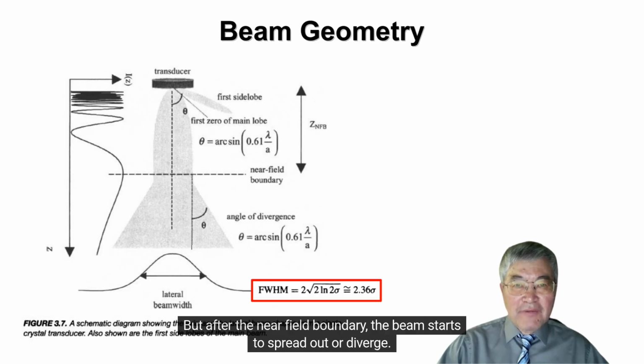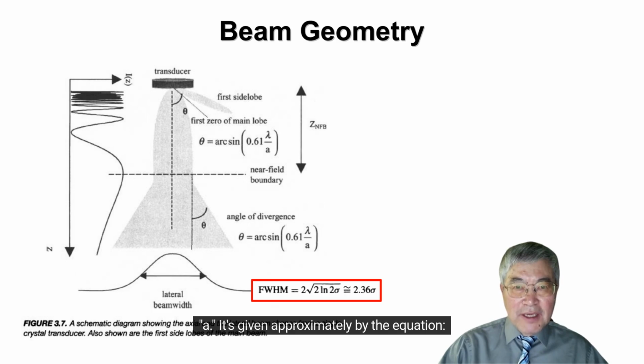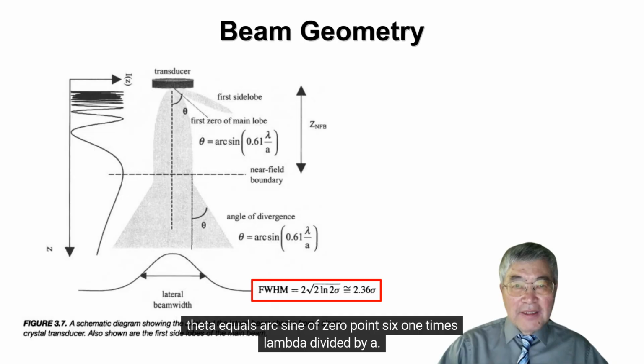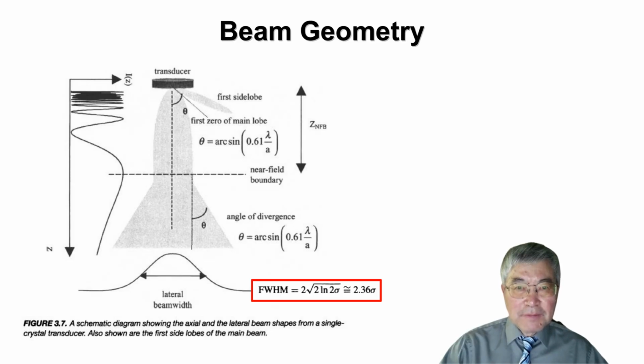But after the near field boundary, the beam starts to spread out or diverge. This divergence angle, which we call theta, is determined by the wavelength lambda and the transducer aperture A. It's given approximately by the equation theta equals arcsine of 0.61 times lambda divided by A. This relationship shows that smaller apertures or larger wavelengths give wider beams, meaning poorer lateral resolution.